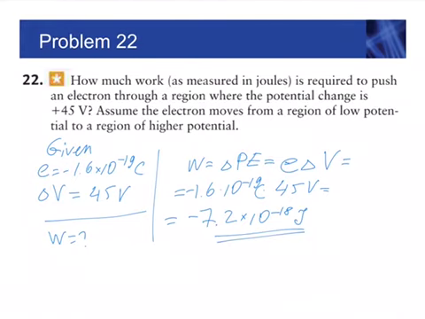That is your answer. So what does that actually mean? Well, it means that the electron really wants to go to the area of higher potential, and we have to slow it down so that it doesn't speed up there. The work that we do is negative, like friction force doing negative work. We're slowing down the electron.